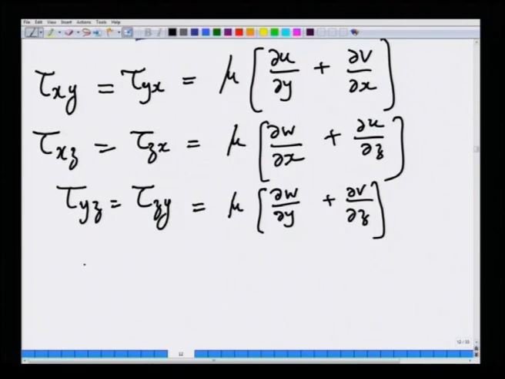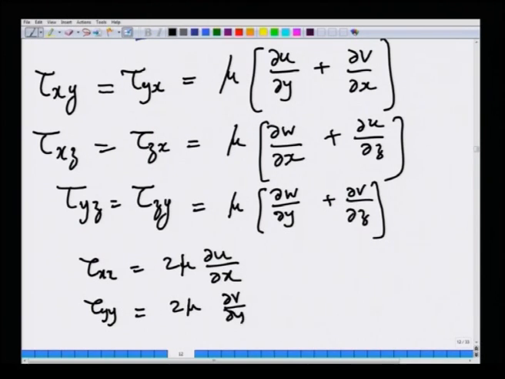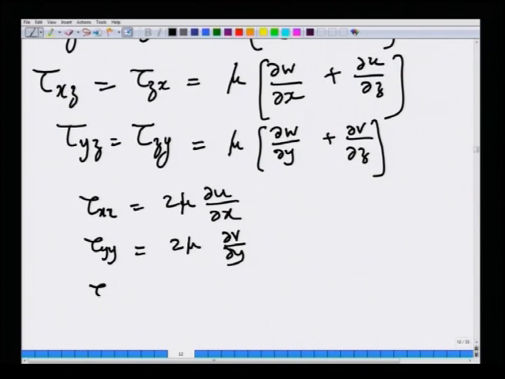But you also have the 3 normal stresses: tau xx is 2 mu partial u partial x, tau yy is 2 mu partial v partial y, and tau zz is 2 mu partial w partial z.